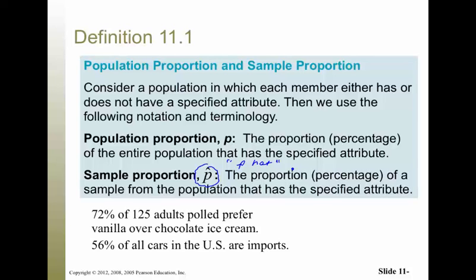P is the proportion of the entire population that has the attribute, and P hat is the proportion of a sample that we take.